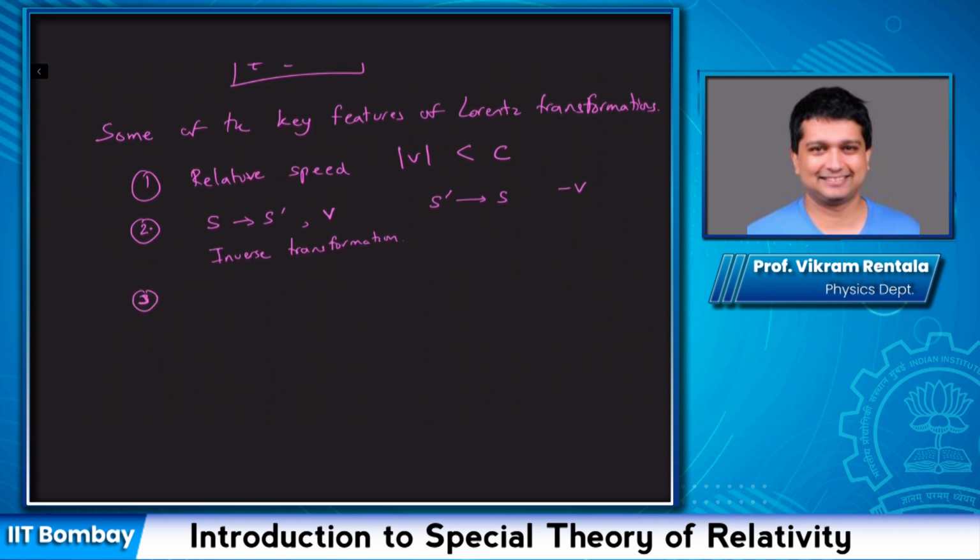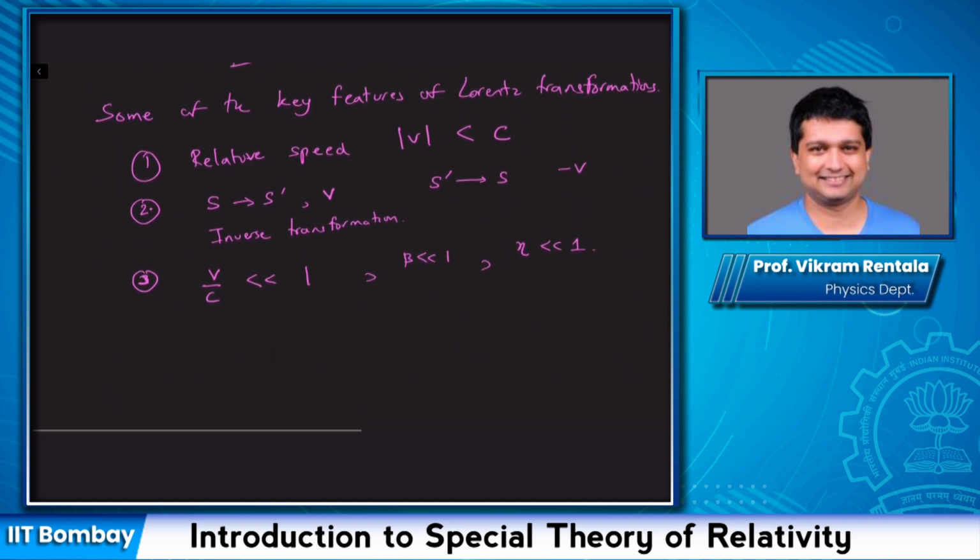And finally, we saw that in the limit that v by c is much, much less than 1, that is for small beta or equivalently small eta, we get back Galilean transformations, which is why the ideas of special relativity did not really come about until we began to study light or things moving close to the speed of light.